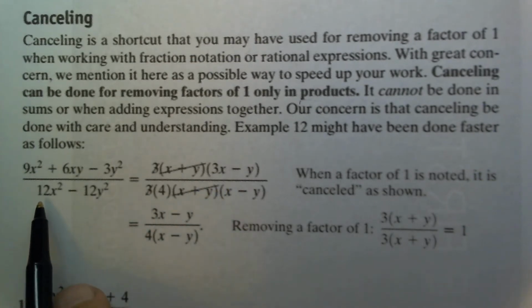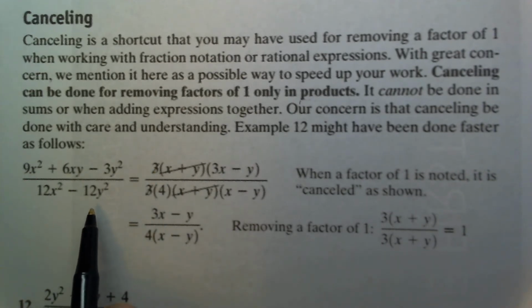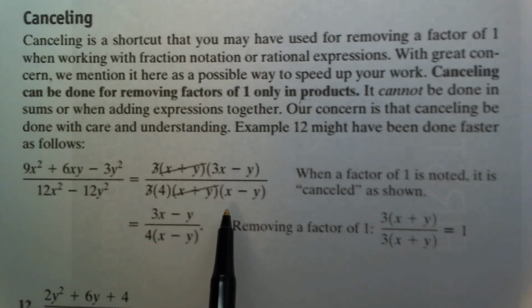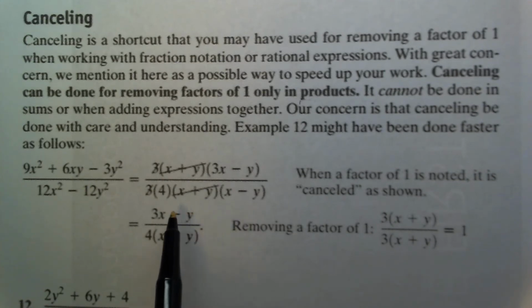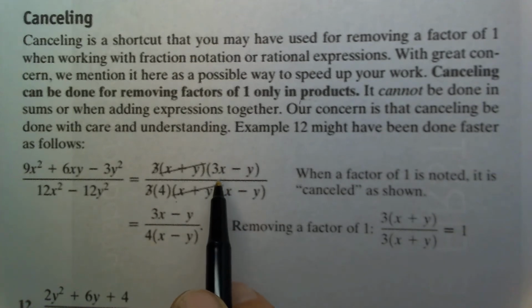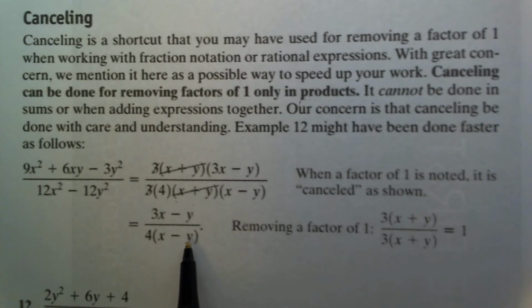In the denominator, a 12 was factored, and it was split up into 3 times 4, so the 3's cancel. And then the x squared minus y squared was factored into x plus y times x minus y. Now we can cancel x plus y against the x plus y, but 3x minus y and x minus y remain the way it is, and there's just another factor of 4. And so this cannot be reduced anymore. You cannot cancel anything.